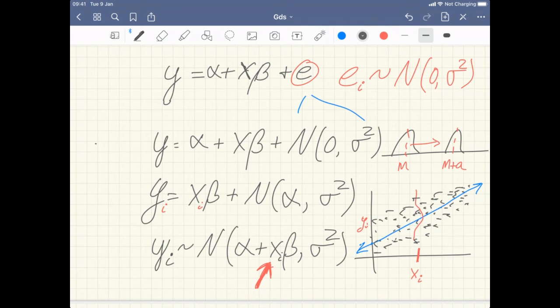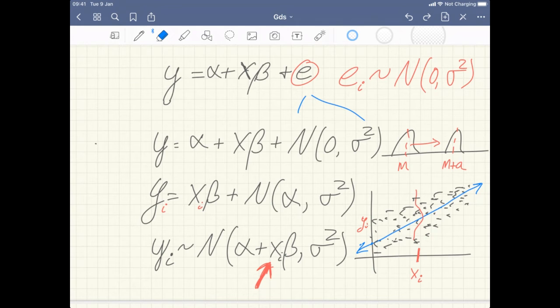But the point is, regression is just a statement about a normal distribution at every single x value. Y is normally distributed with a mean of alpha plus x beta. That's all regression is about.